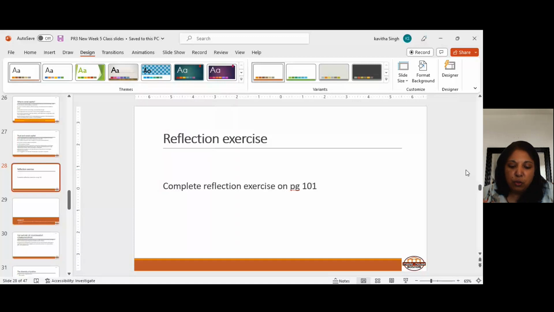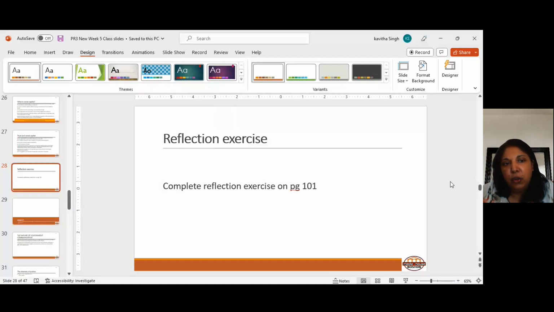What you are going to do at the same time is talk me through your presentation. So what you are actually going to send me tomorrow is a PowerPoint recording of both your reflection exercises.